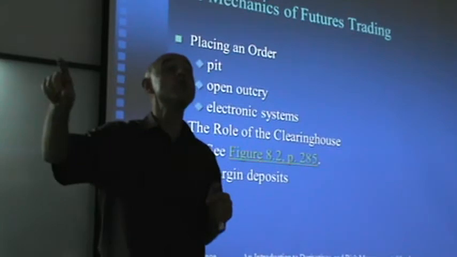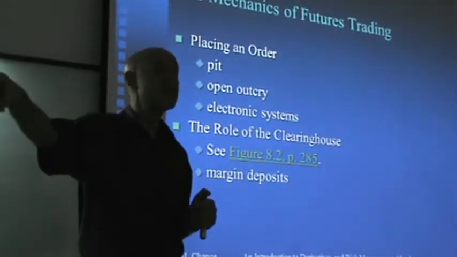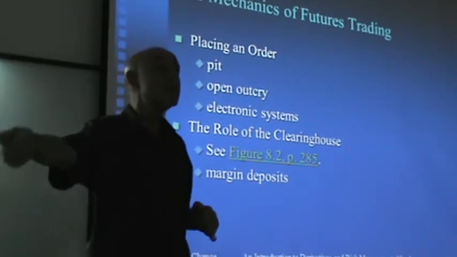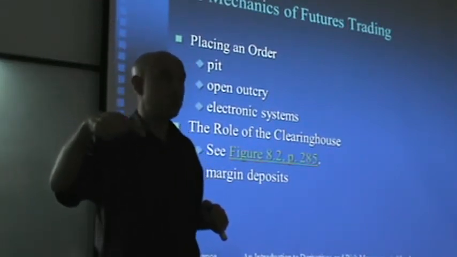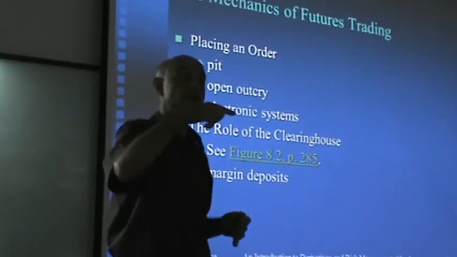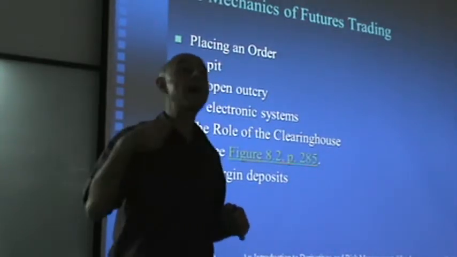That broker will transfer the order to the pit. It will get executed on the pit, and from the pit we'll get confirmation to the floor broker, and the floor broker will confirm to the brokerage company, and the broker will confirm back to me.